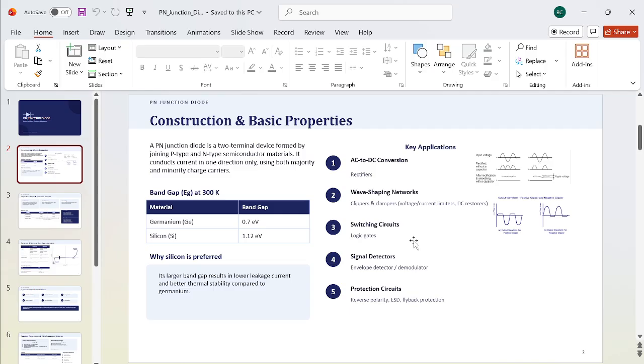It can work as a switch and be used in logic gates. It can also work as a demodulator, be used as an envelope detector, and sometimes it is also used in protection circuits.